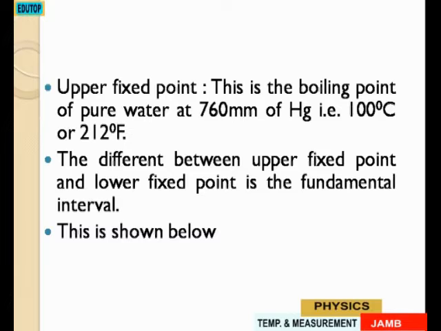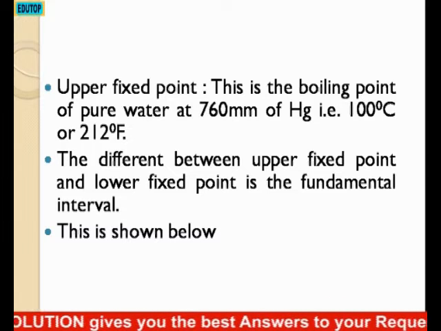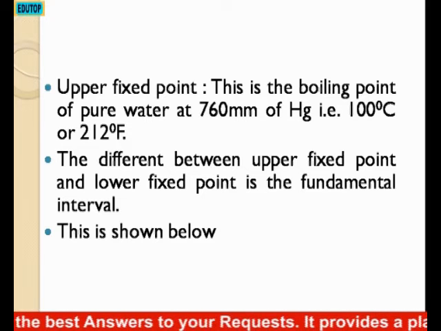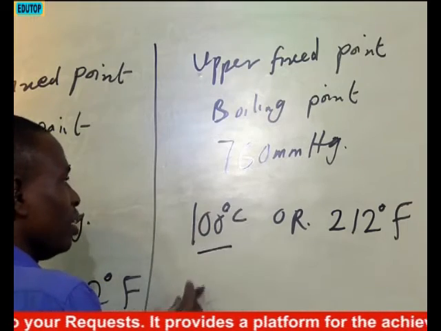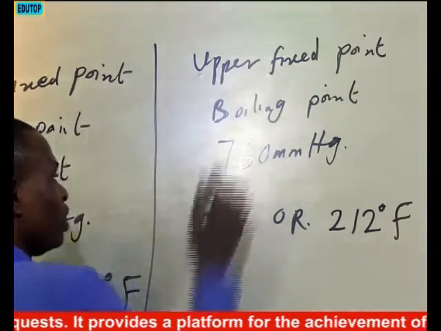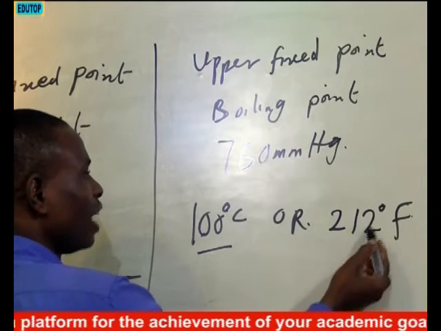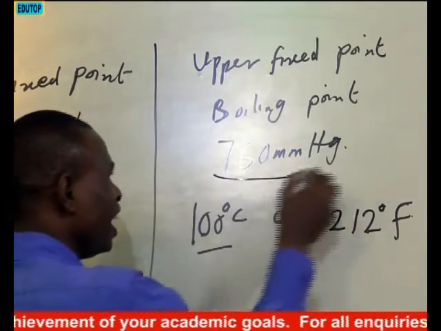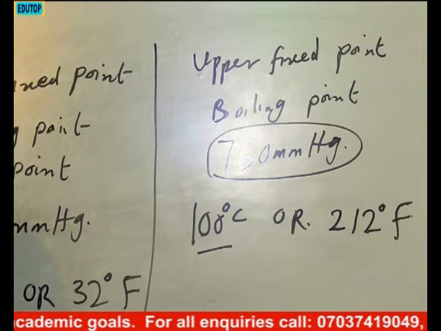That is 100 degrees Celsius, or for Fahrenheit, 212 degrees Fahrenheit. For the Celsius scale, this will be the boiling point or the upper fixed point. For the Fahrenheit scale, it is 212 for the upper fixed point at this value of millimeters of mercury.